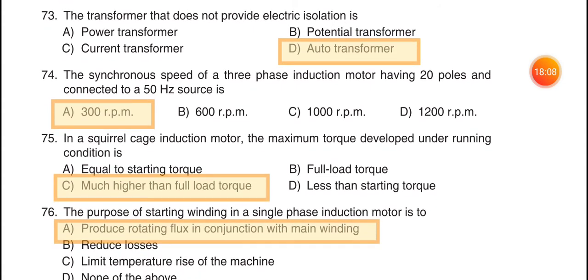The transformer that does not provide electric isolation is option D, auto transformer. 74. The synchronous speed of a three-phase induction motor having 20 poles and connected to a 50 Hz source is option A, 300 rpm.